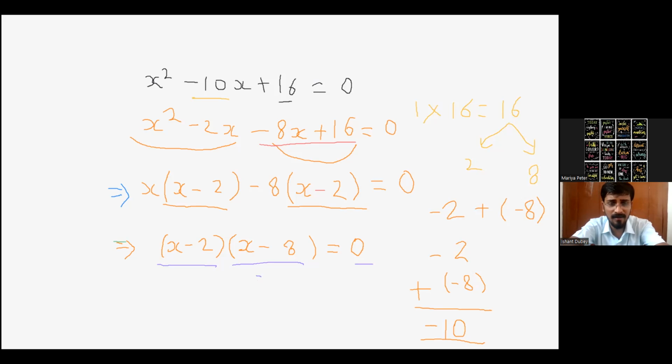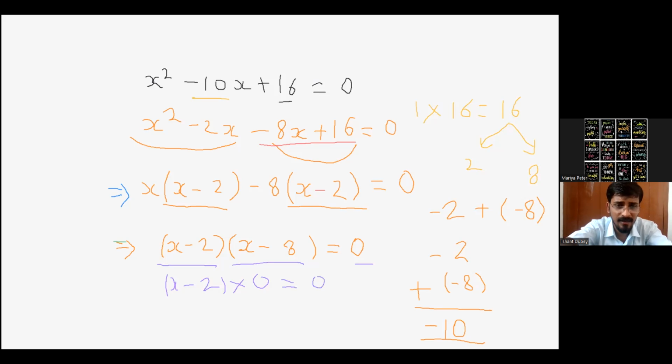If I make x minus 8 as 0, and x minus 2 is there, then if I multiply x minus 2 into 0, how much will I get? 0.